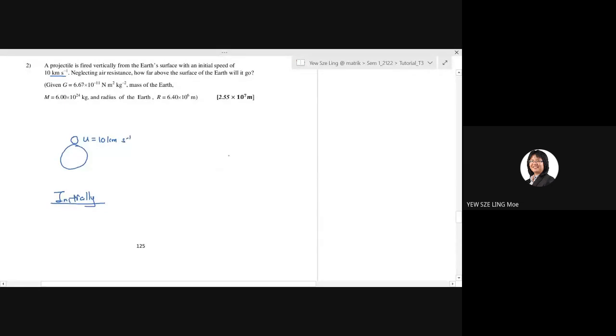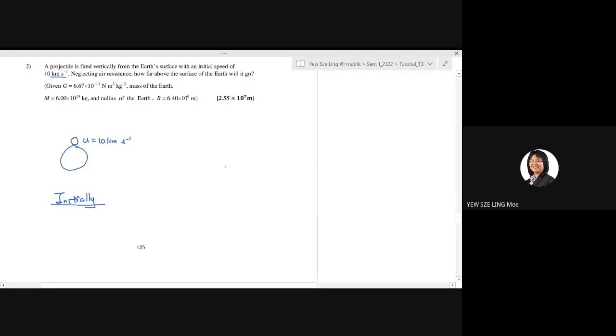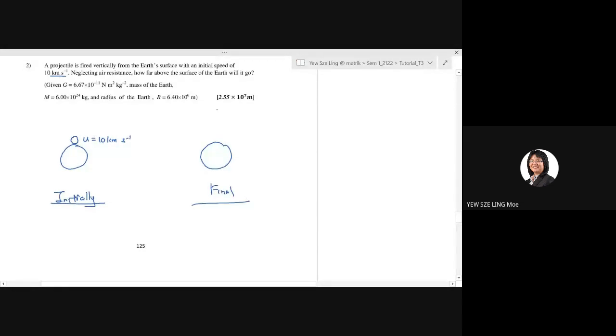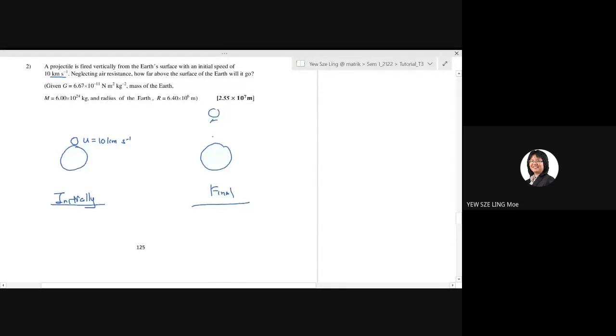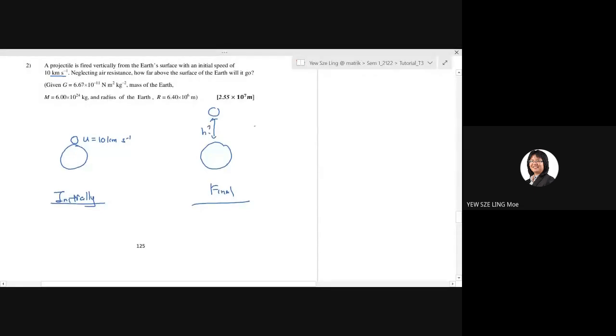And now what you want to calculate, the final position, is the h. So h is an unknown, how far above the Earth. This is your object, and this is the Earth.